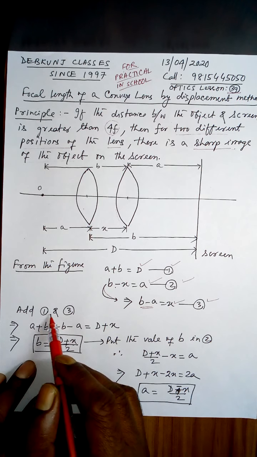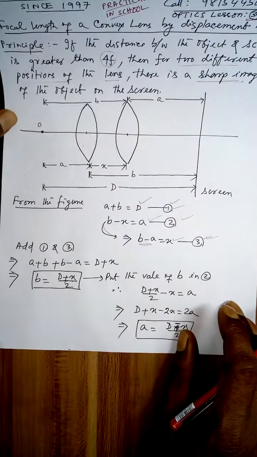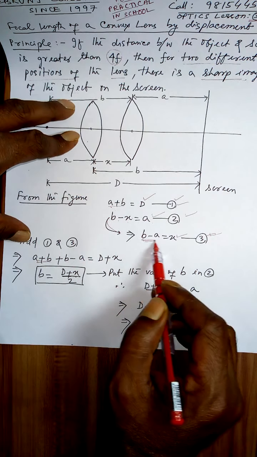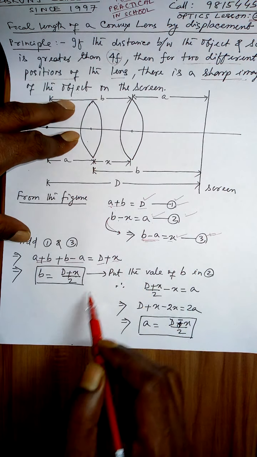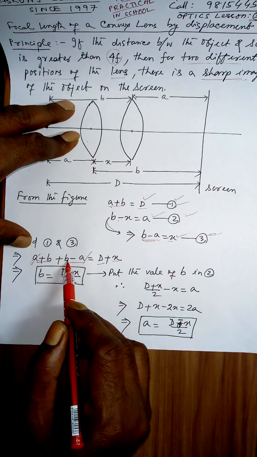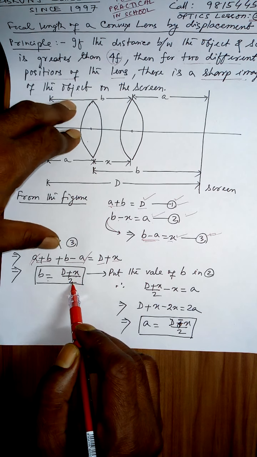Now add equations 1 and 3: a plus b and b minus a equals D plus x. On simplification, a cancels, 2b is equal to D plus x, so b is equal to (D plus x) over 2.